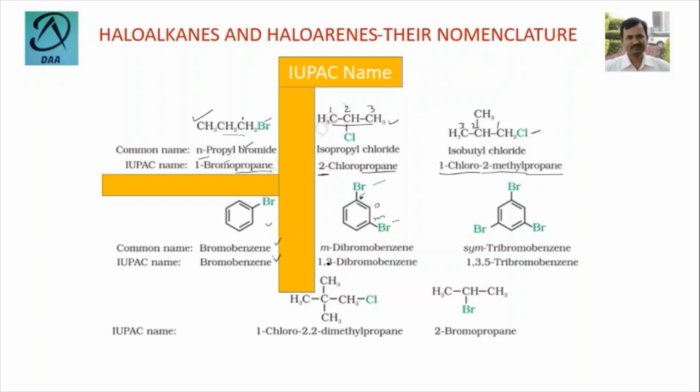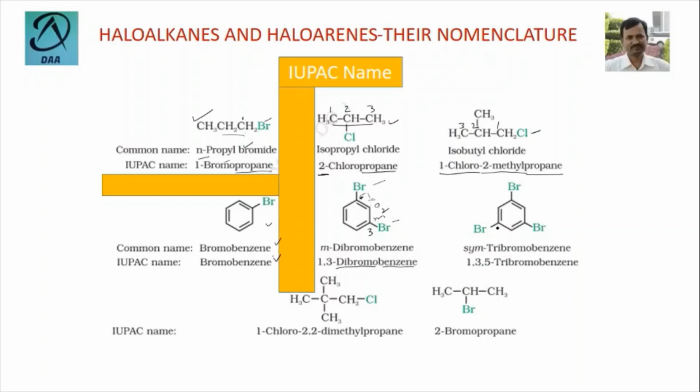But in the IUPAC system, if we consider this as one position, this as the two position, and this as the three position, it is 1,3-dibromobenzene.